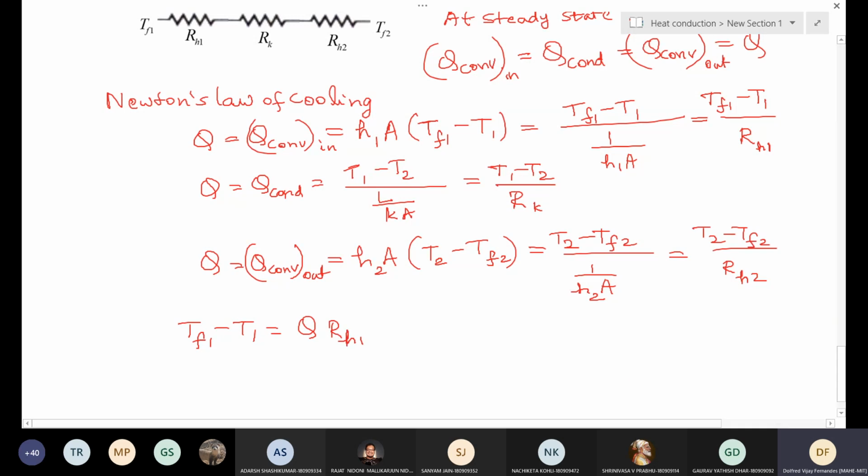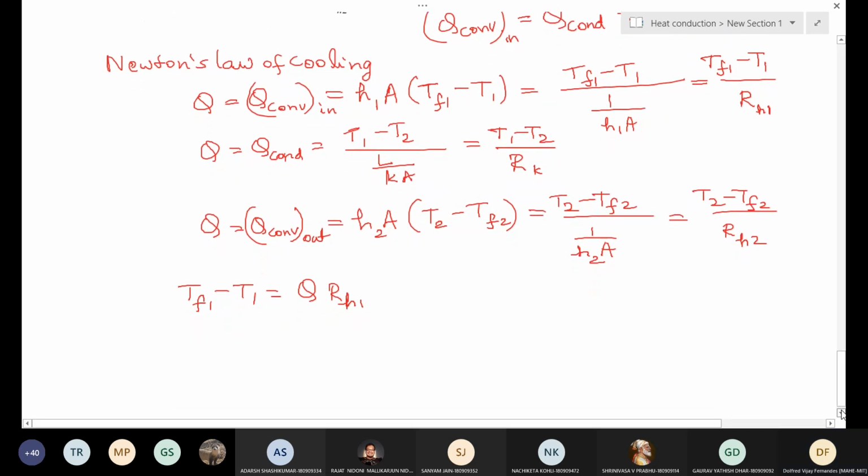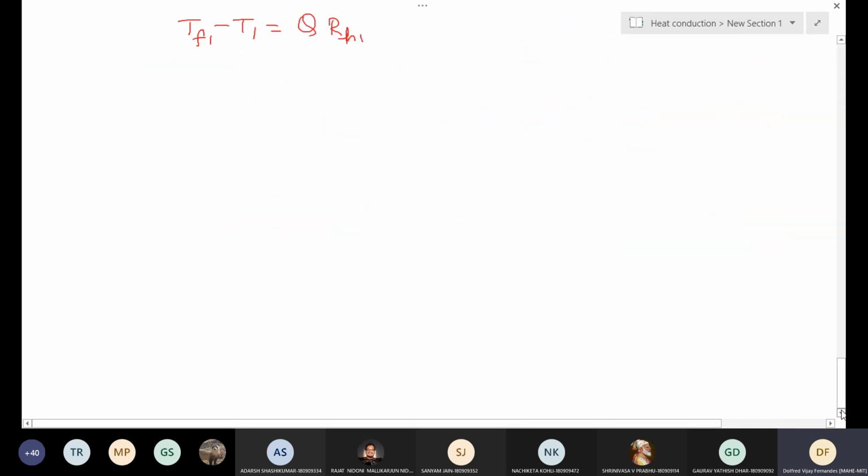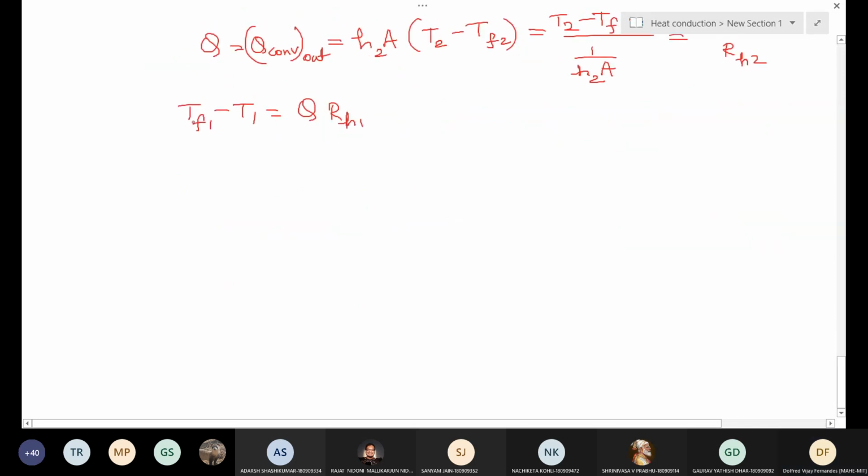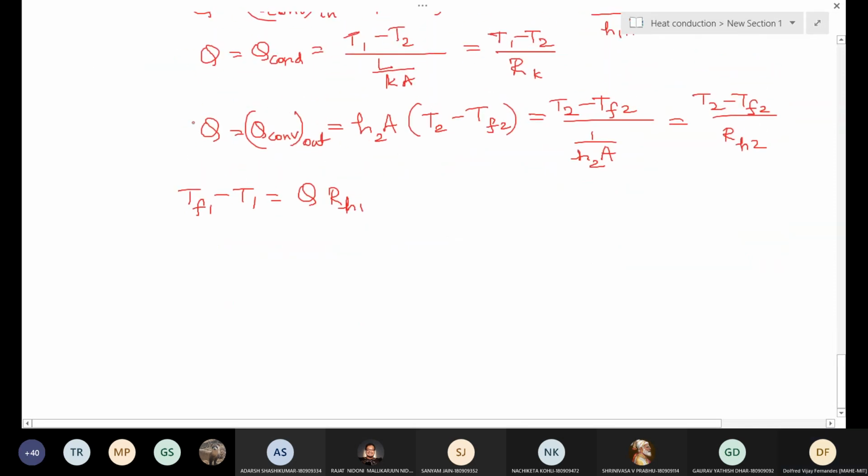Similarly, T1 minus T2 is Q into RK, and T2 minus TF2 is Q into RH2.